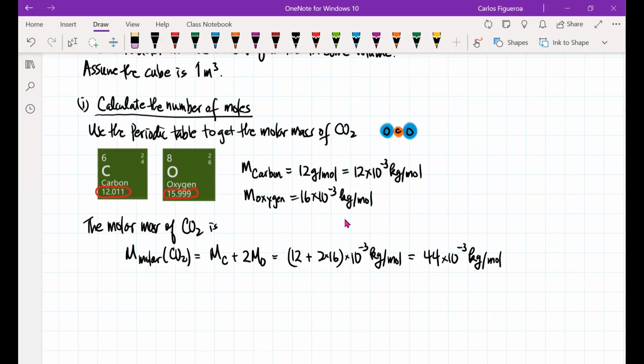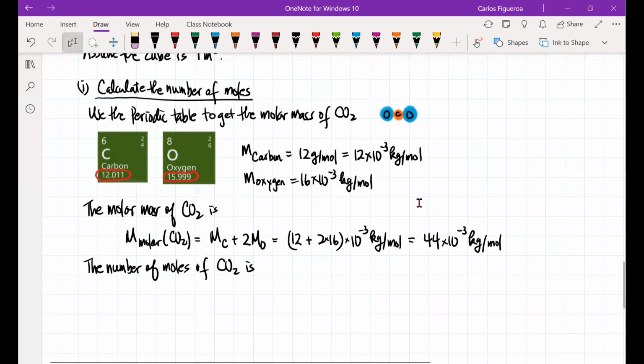So now that I have the molar mass, I could then come in here and do this here. So then the number of moles of CO2 is then going to be this here.